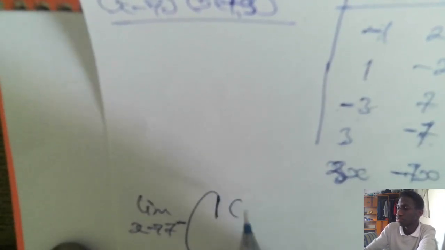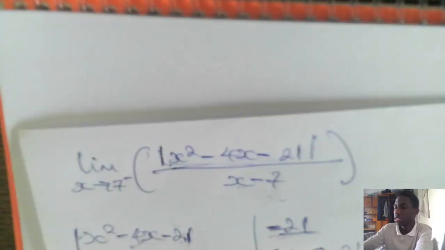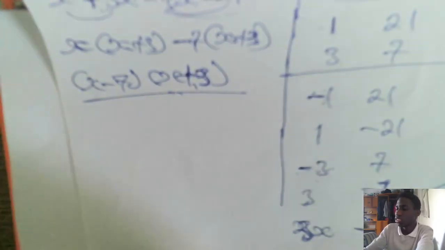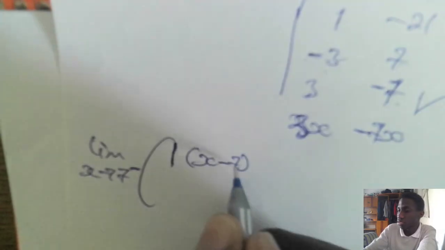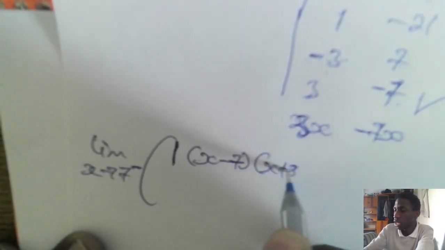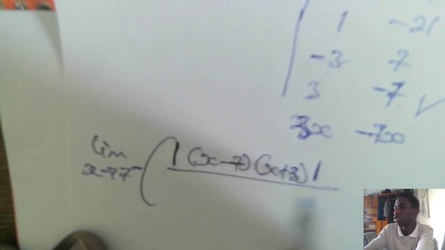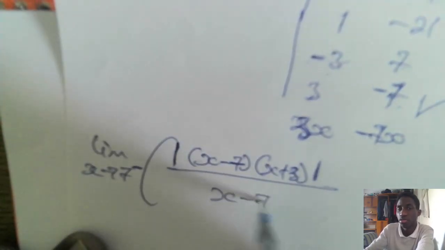Now we can use this to solve the limit. At the numerator, we go ahead and replace what we have here with what we have here. They're the same thing, but this is the factorized version. Notice the appearance of the x minus 7 there: x minus 7, x minus 7, x plus 3. We have x minus 7 at the denominator also, but it's with no absolute value.